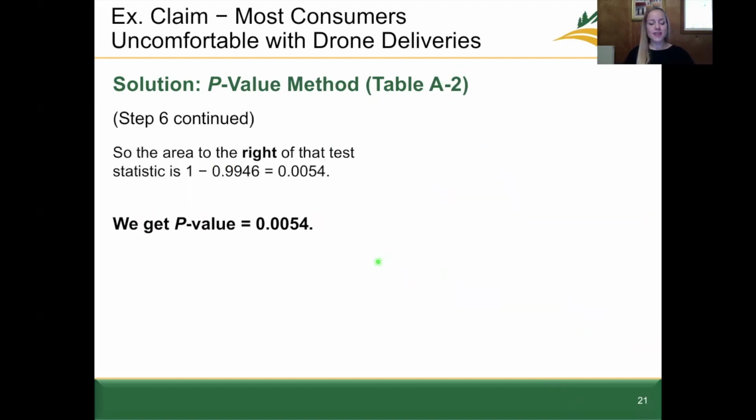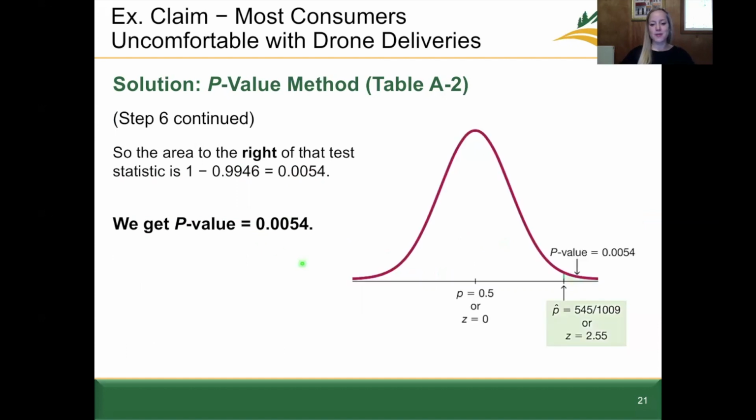So to visualize this now and getting our p-value of 0.0054, we can look at this normal distribution, this normal approximation. In terms of p-values or proportion values here, we are interested in the idea of most consumers, so we had a p-value of 0.5. Our corresponding p-hat value, our sample proportion, was 545 consumers out of 1,009.